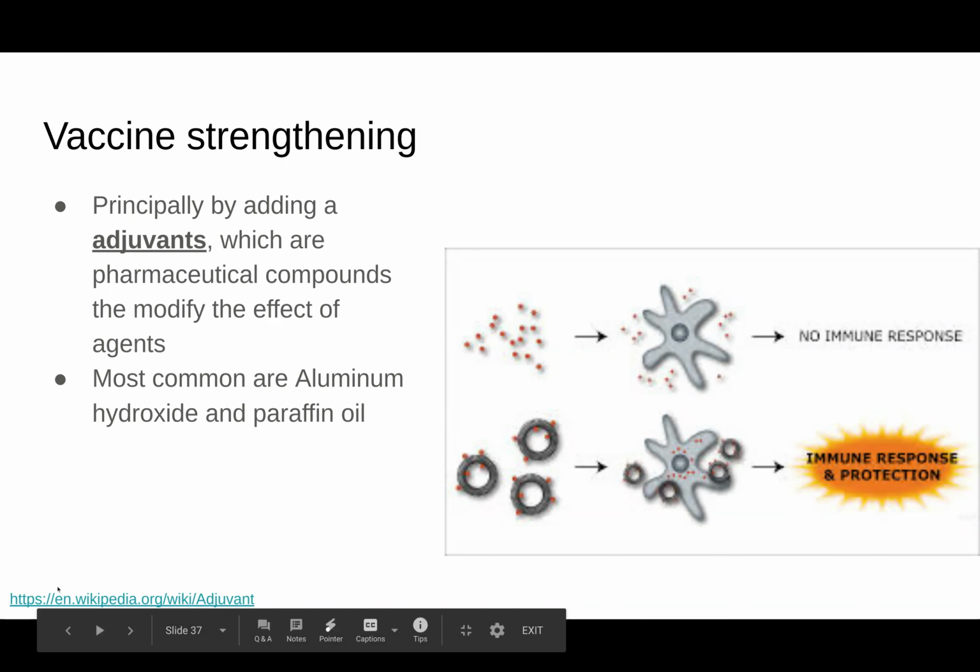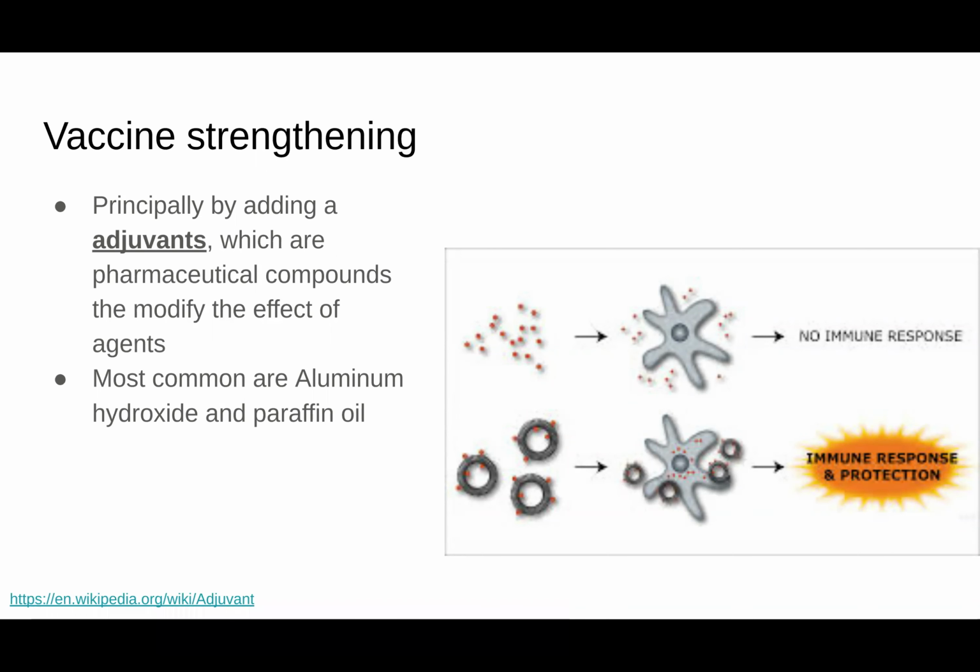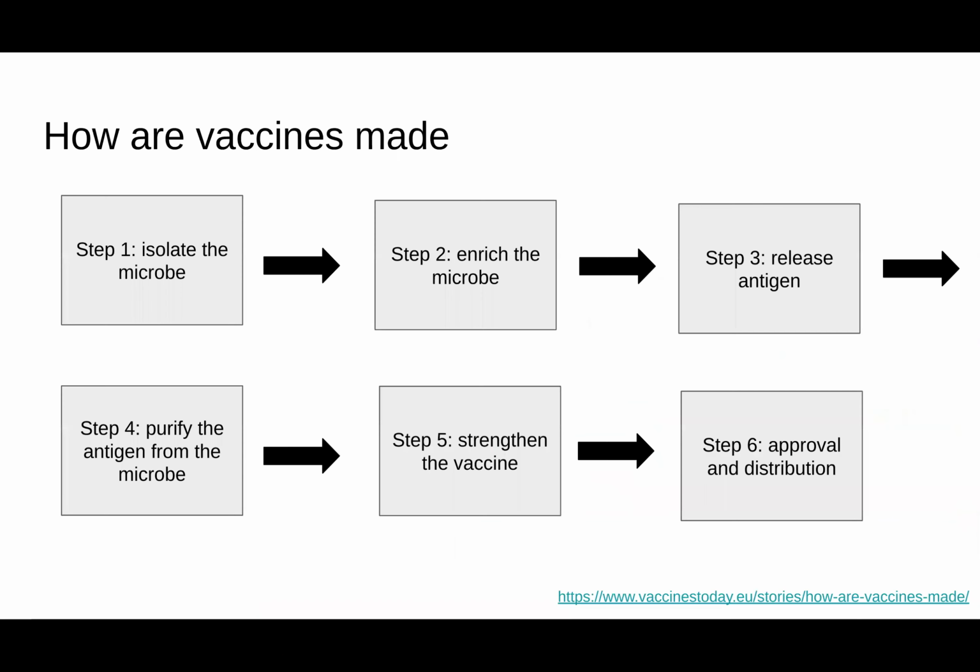If you want to read a little bit more about adjuvants, I linked the Wikipedia article down here, but that's the idea. Adjuvants make vaccines stronger. They make vaccines more likely to work. So that's what we mean by vaccine strengthening.